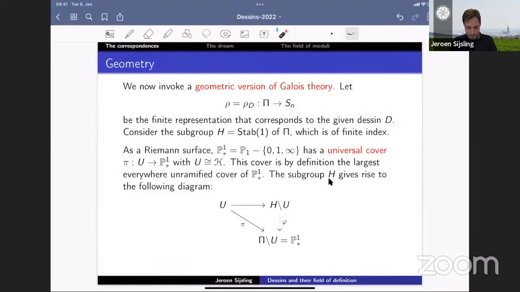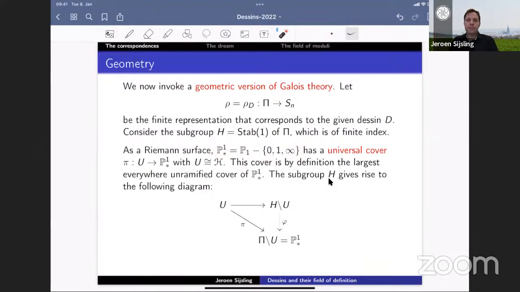And now comes a geometric construction. That's a bit magical when you first see it, but it goes like this. Look at this P1 minus 3 points, which you also denote by this symbol. As a Riemann surface, it has a universal cover. That's a general thing.